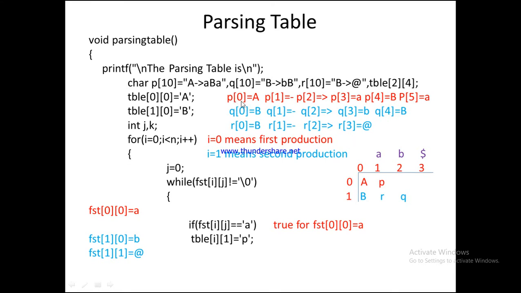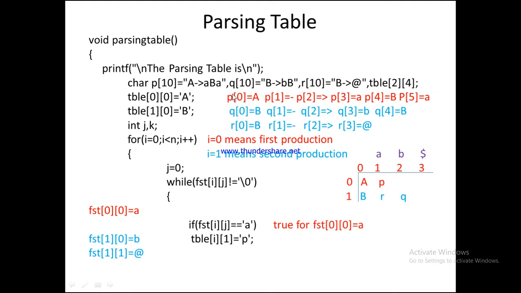So P of 0 is the first symbol, and P of 1 is this hyphen symbol, and P of 2 is this greater than symbol, then P of 3 is A, then B, and then small letter a.